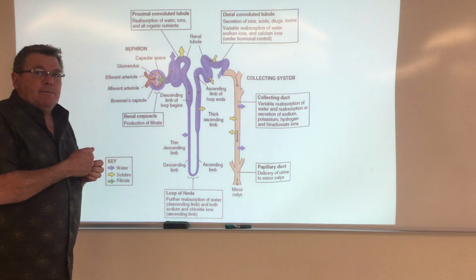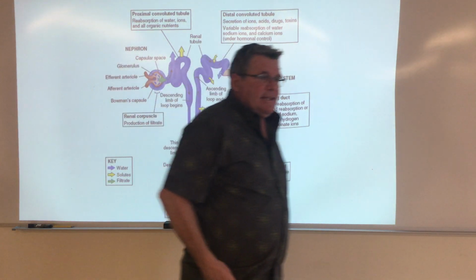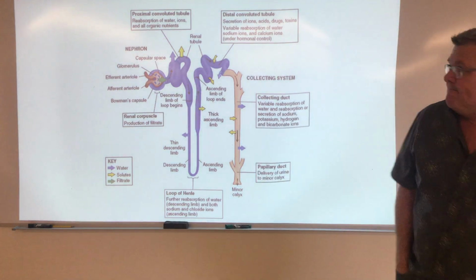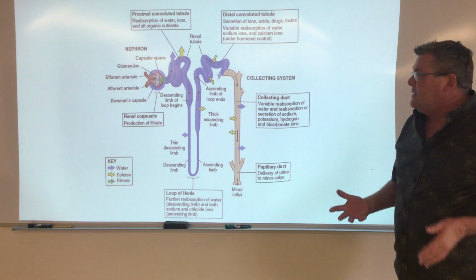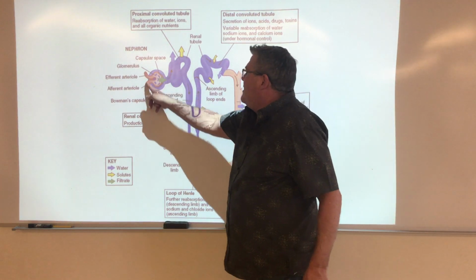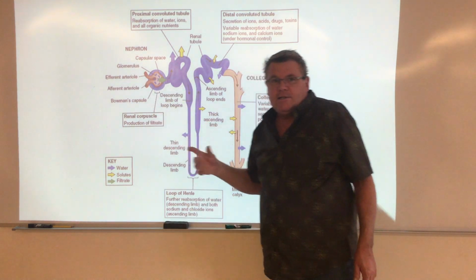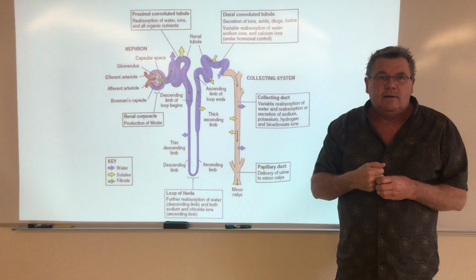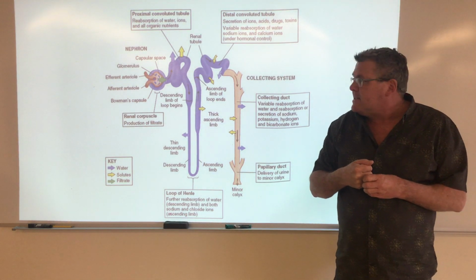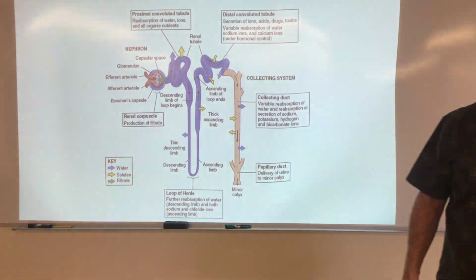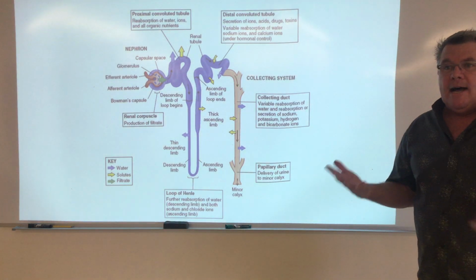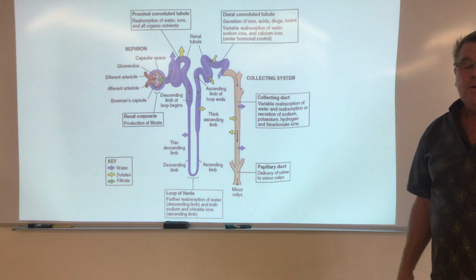The reason we have to do a bunch of reabsorption is in the capsule, I believe it's about 90% of the plasma, almost said plasma again, the plasma is secreted as filtrate. I've seen one number that says we produce filtrate at the rate of about 180 liters per day. Not a big important number.